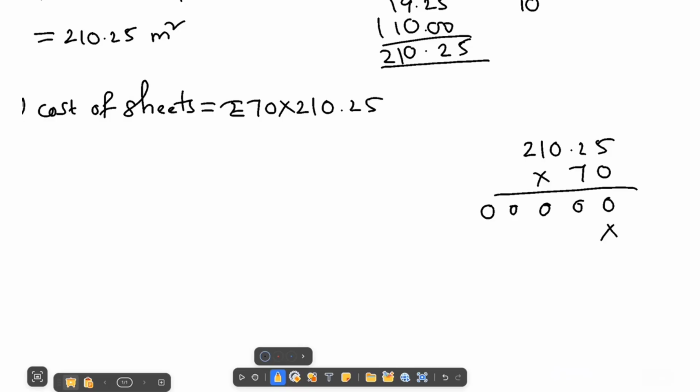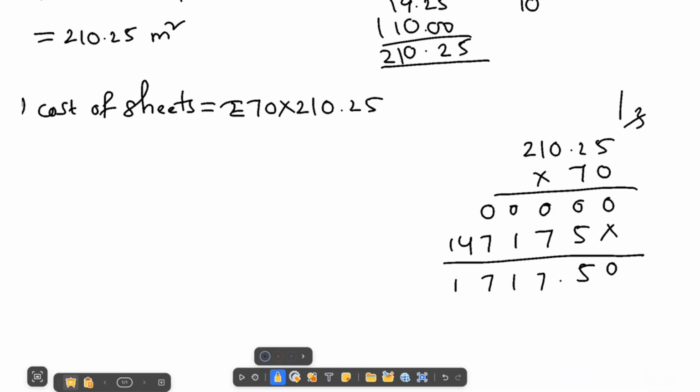Next, 7 5s are 35, 3 of 5 down. 14 plus 3, 17. Next one, 7 2s are 14, 0, 5. 7, 1, 7. So it is equal to 14,717.50 rupees. So this is the answer for this question.